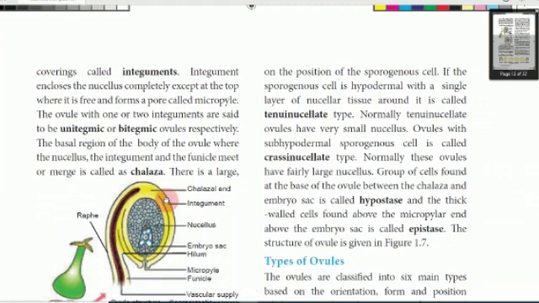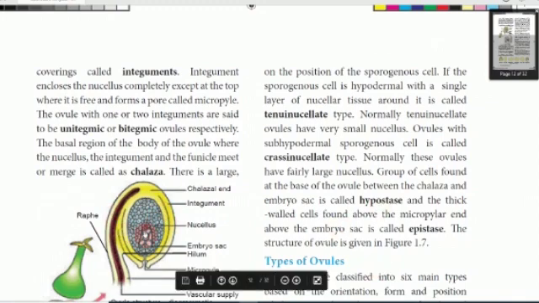Hypostase and epistase. Hypostase is a group of new cellular tissue that arises between the chalaza and the embryo sac, at the base of the ovule. So in between the chalaza and embryo sac, many new cells arise, called hypostase.